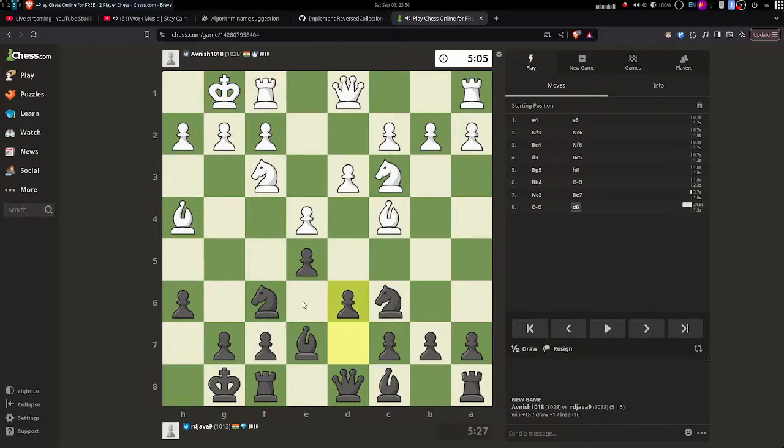Now, I think I want to have more center control. So for the same, I would simply exchange the bishops and then I can try some more fun things, right?